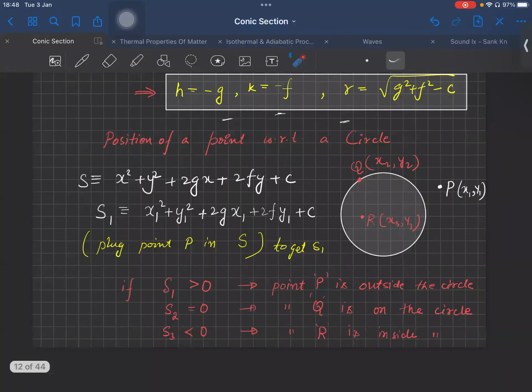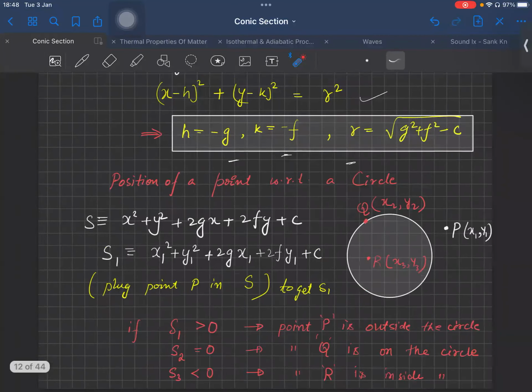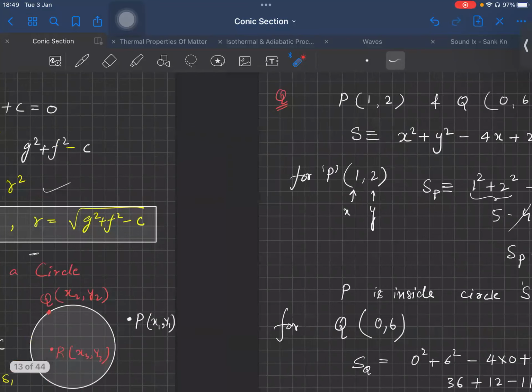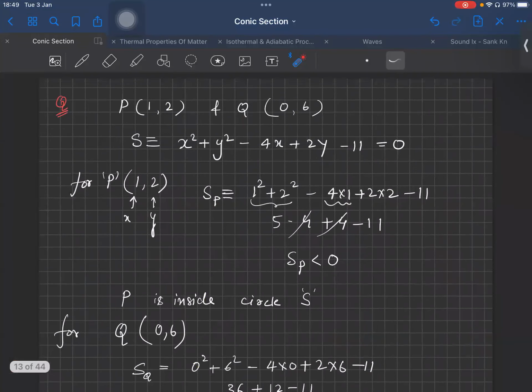If you plug this point P into S and you get S1 greater than 0, that means the point is outside the circle. If S is equal to 0, the point is on the circle, and if it is less than 0, the point is inside the circle. We have solved one problem based on it. See, this is the problem we have solved, right?